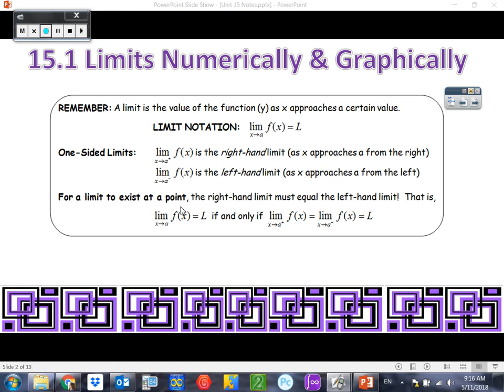This is a pretty big deal in that this limit, the full limit, only exists if and only if the two one-sided limits approach the same value. And that's just kind of like common sense.